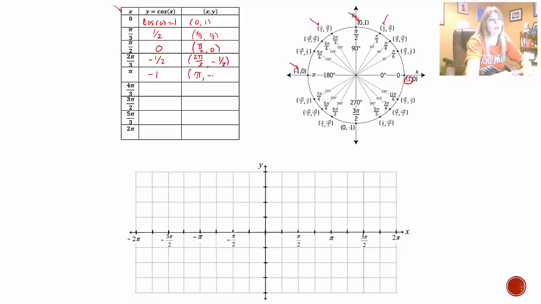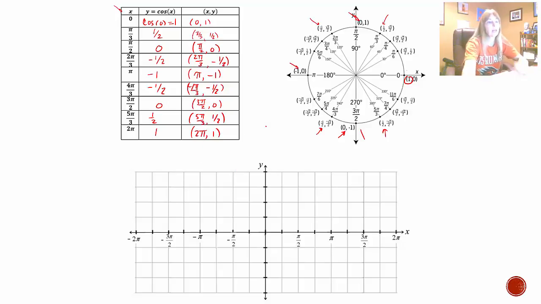So pi, negative 1. 4 pi over 3, negative 1/2. 3 pi over 2, 0. 5 pi over 3, 1/2. And then finally back to 2 pi, which is at 1.